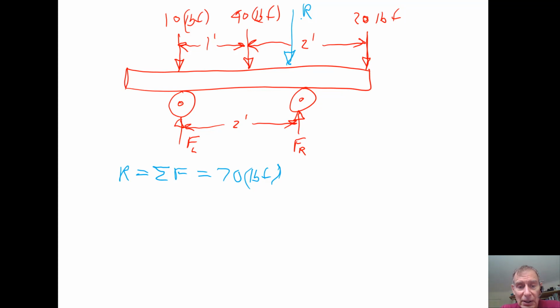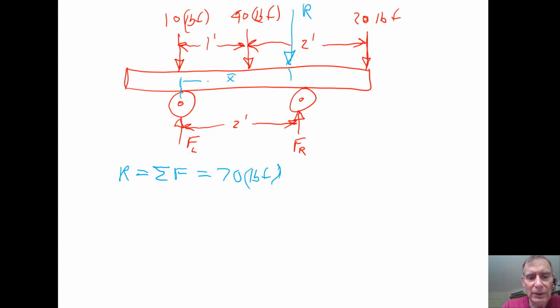It has to be able to create the same effect on the body as if we had the distributed forces. So what we have to do is place R so that it has the same moment. Let's say that distance is X bar, and we'll measure from the left wheel.